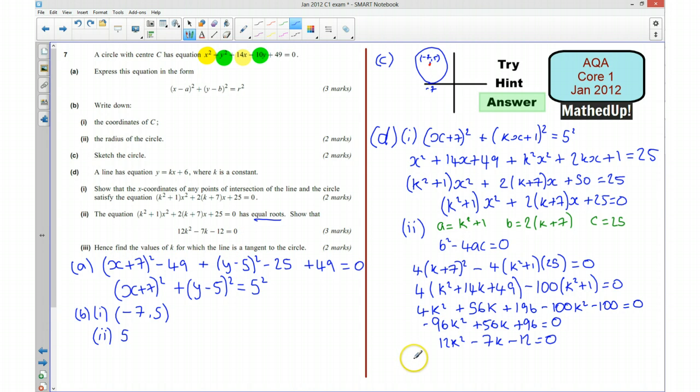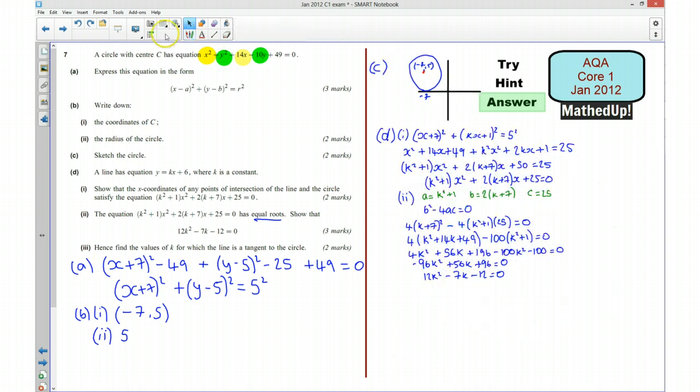Okay, finally part 3, and I'm just going to tidy up my work a little bit. For part 3, the question says, hence find the values of k for which this is true, in this equation here.